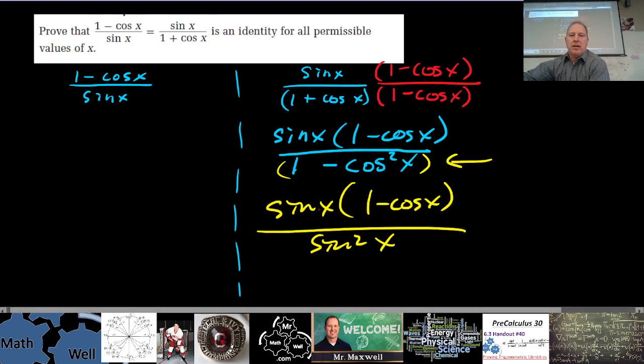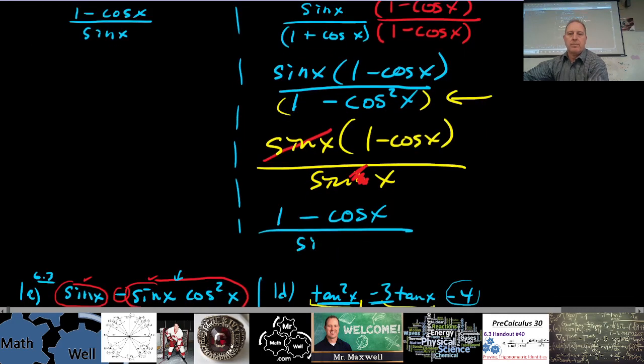If you divide out the sine x, one of the sines from the squared, you get 1 times (1 minus cos x) over sine x.